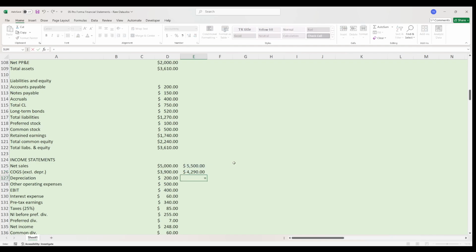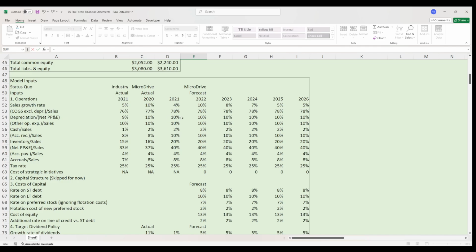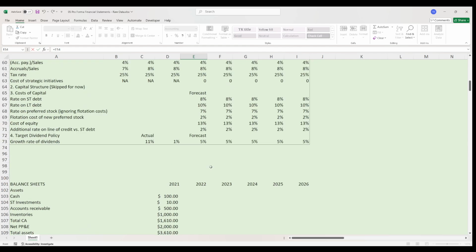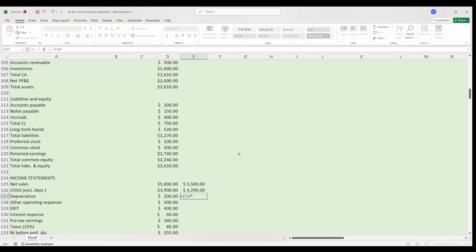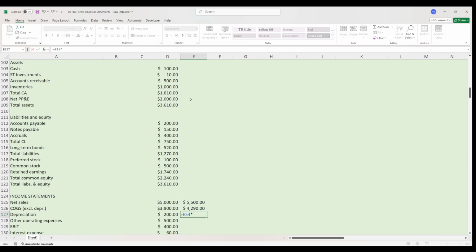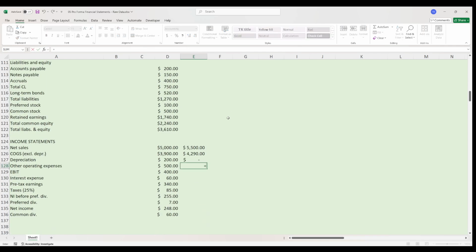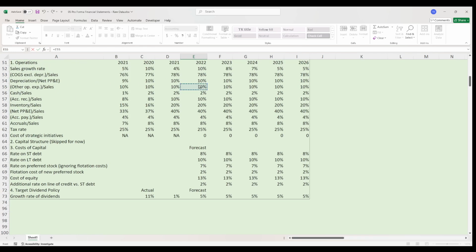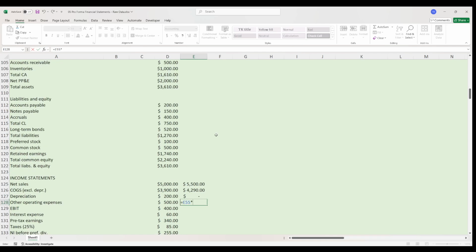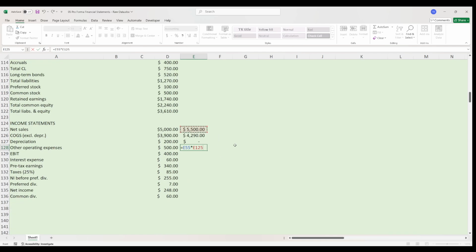And depreciation is gonna be a certain percentage, 10% of net PP&E, right? So I'm just gonna multiply this number with the net PP&E, which is row 108. And then the next one is gonna be other expenses, 10% multiplied with sales, right? So it's also like that, right? So I have predicted all these.